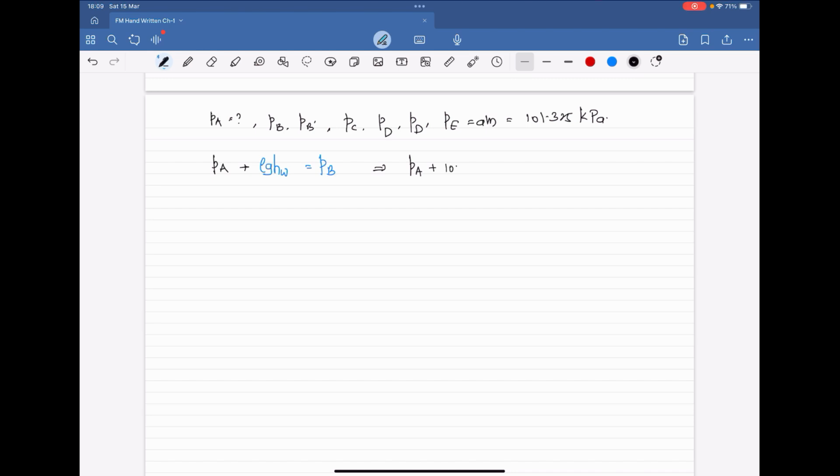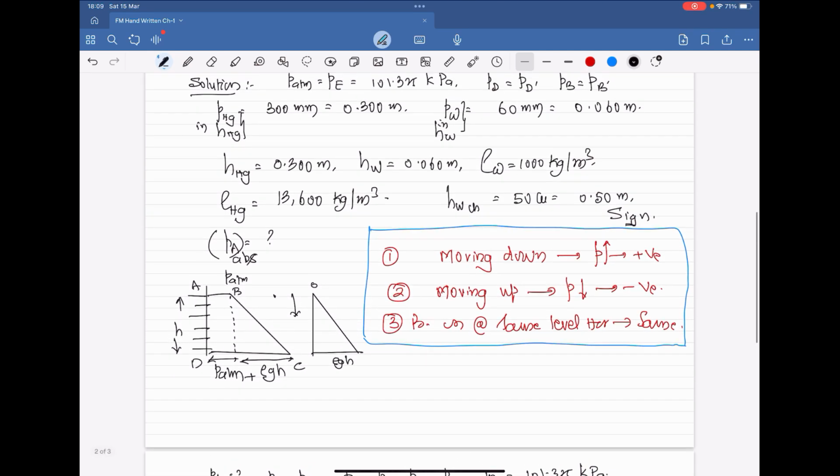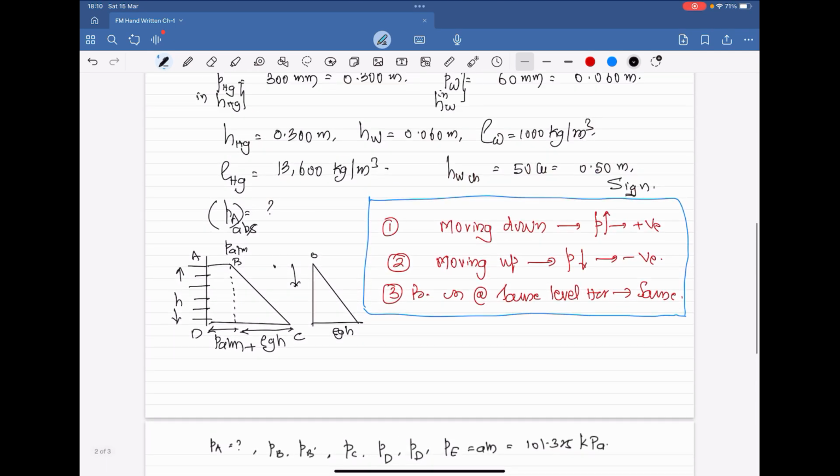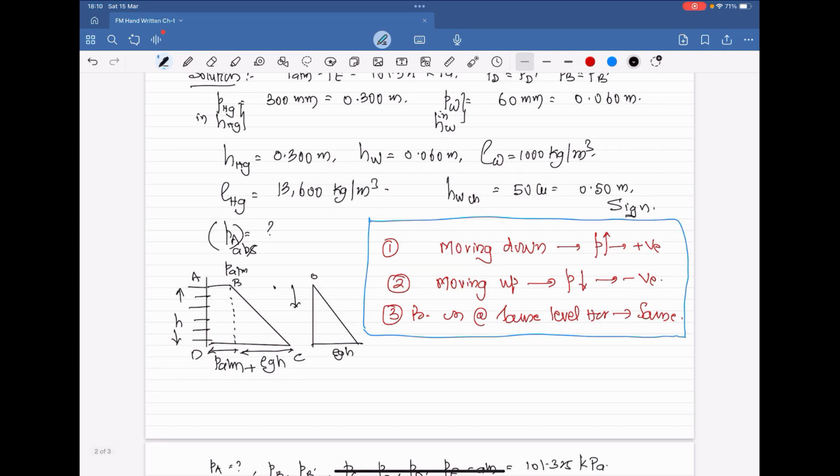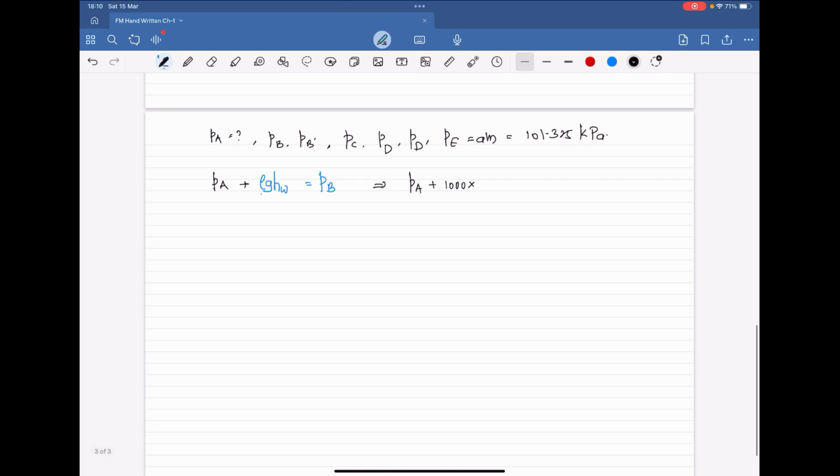Rho we know, 1000 kg per cubic meter. Have we written it somewhere? We have not, we have written it here. Rho is rho water, g is 9.81, and height of water is 0.50 meter.